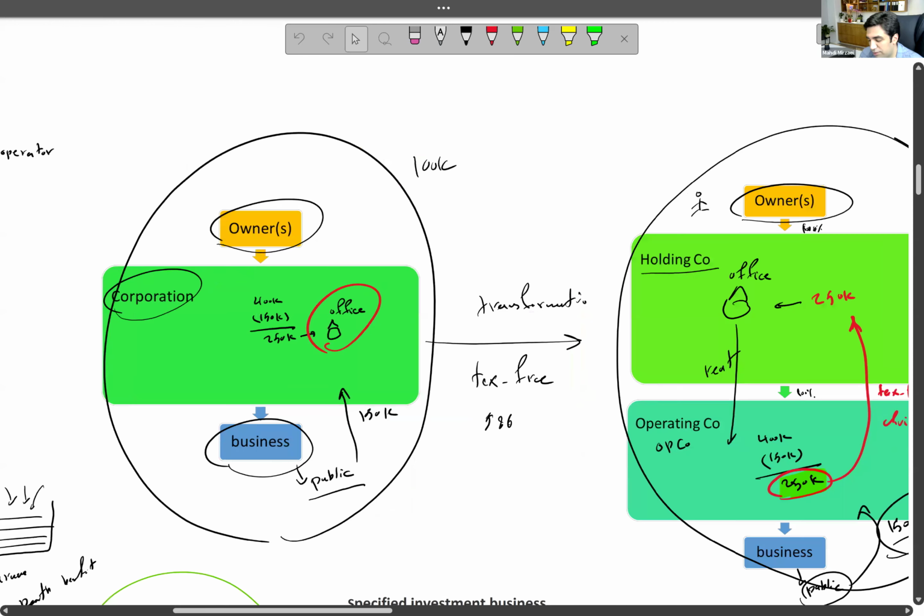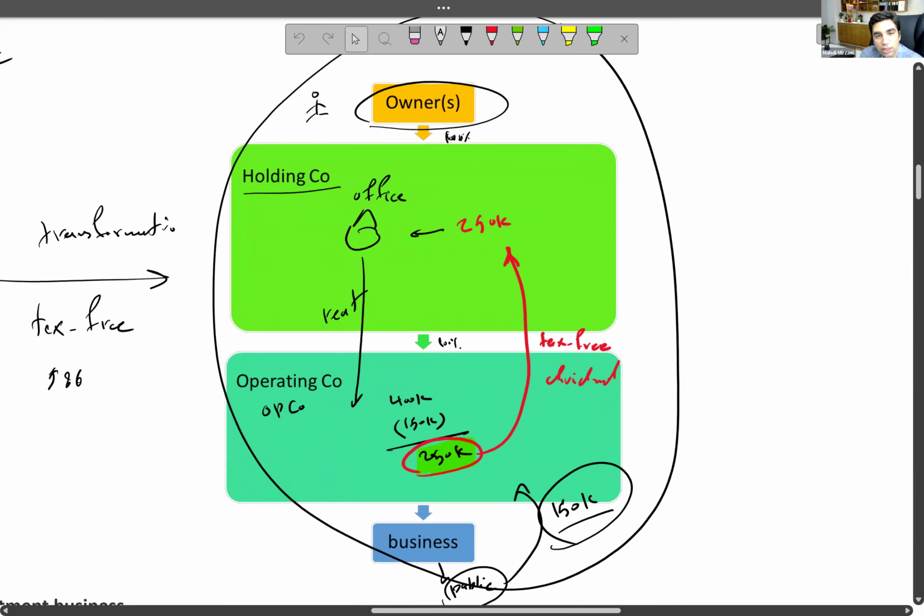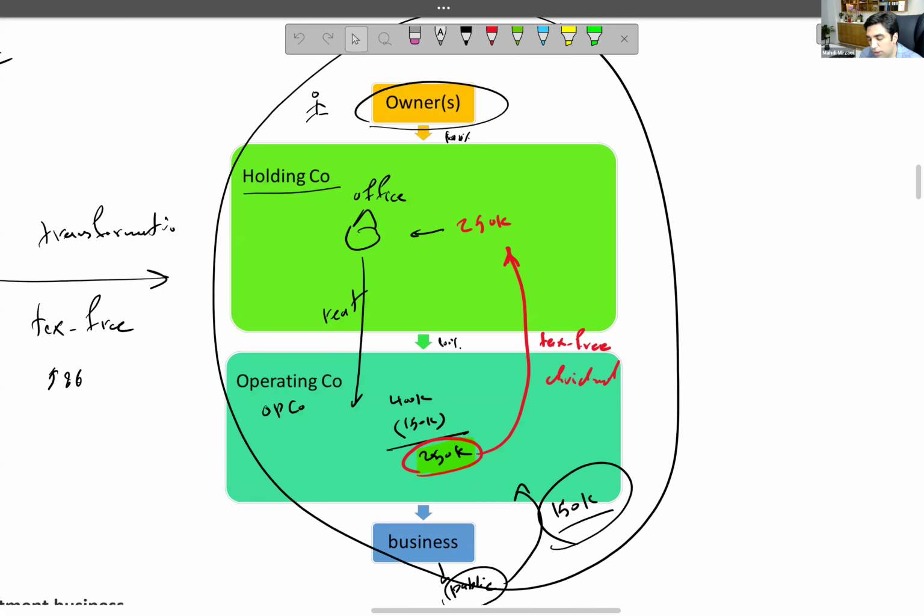But if we can transfer that and make it like this one, it's a holdco-opco structure. In the holdco-opco structure, the owner owns the holding company, and then the holding company owns the operating company. So in this structure, whatever the operating company makes goes up to the holding company as a tax-free dividend.